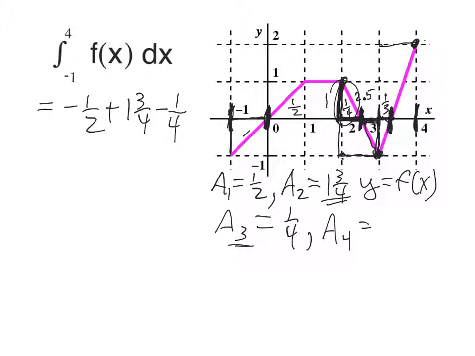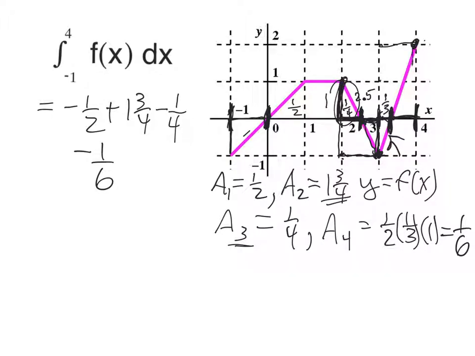So we'll call that area 4: 1/2 times the base of 1/3 times the height of 1. The area of that triangle will be 1/6. But again, it's below the x-axis, so in terms of our definite integral, minus 1/6.